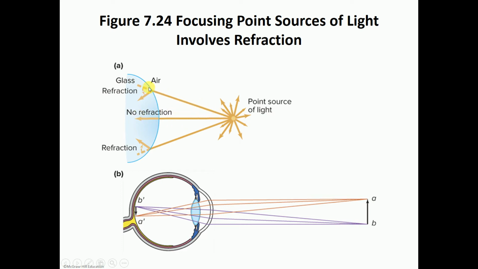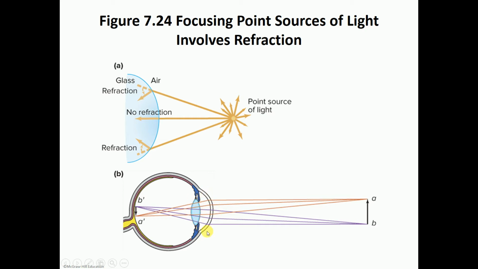But if the rays are at an angle with the surface, they are going to bend. That bending is known as refraction. And that is what happens in our eyes. So the cornea is the first surface to refract light, followed by the lens.